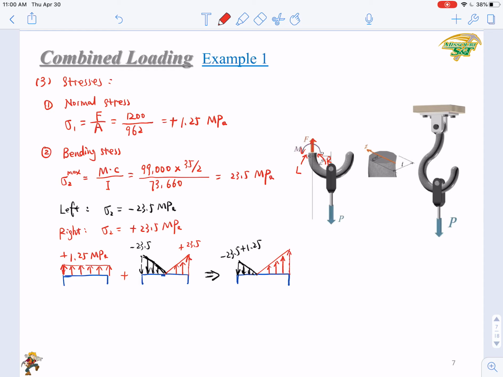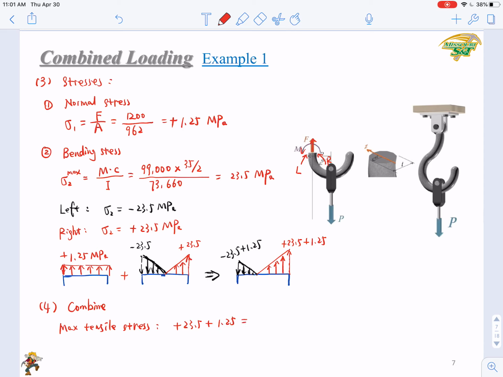Okay, and the magnitude will become positive 23.5 plus 1.25. Okay, so then we can summarize them, combine this effect.